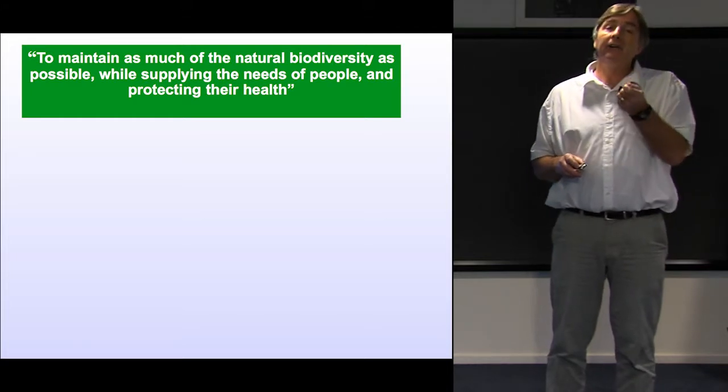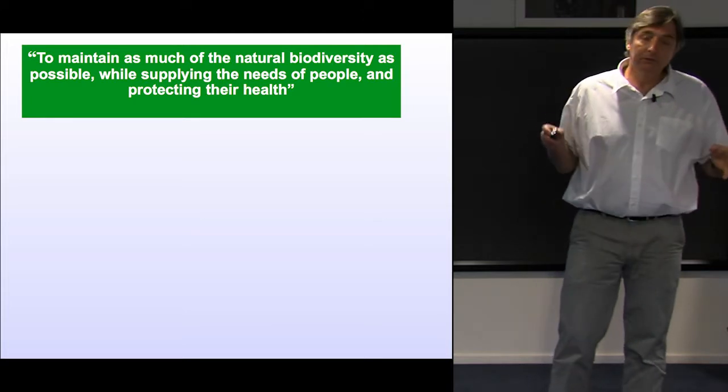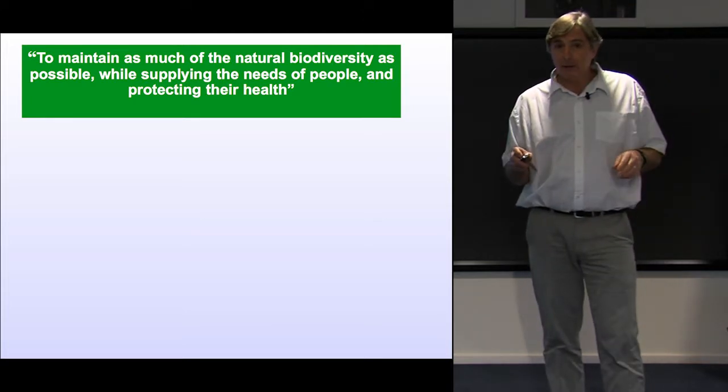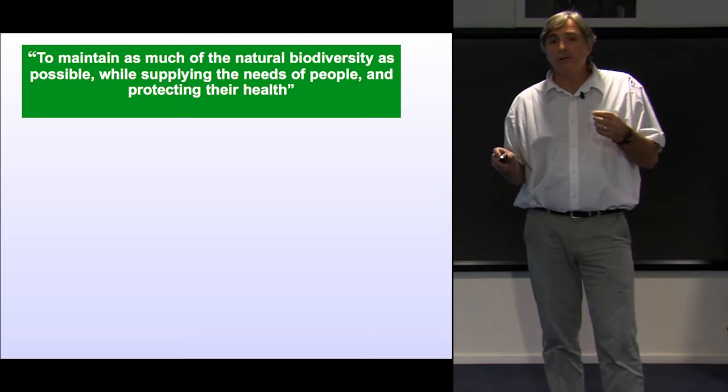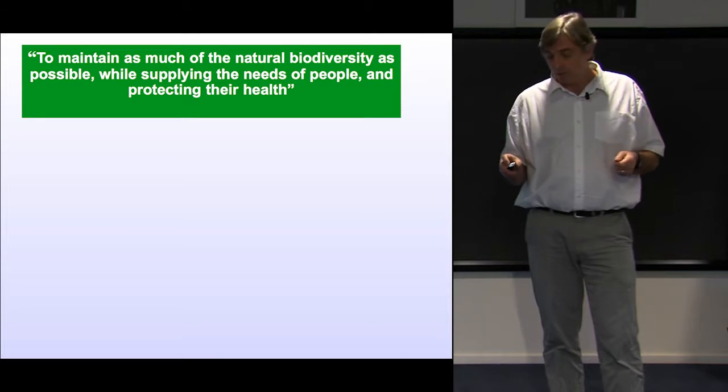Okay, now that can't be measured directly. So what you need to do is to break down that visionary statement into more and more detailed objectives until you've got something that can be monitored, measured and audited.